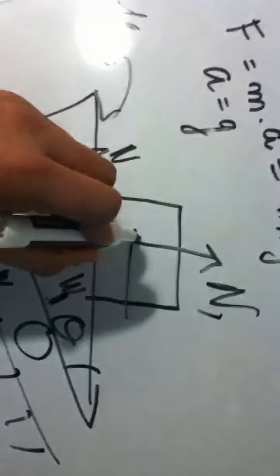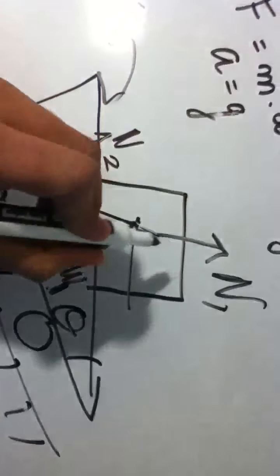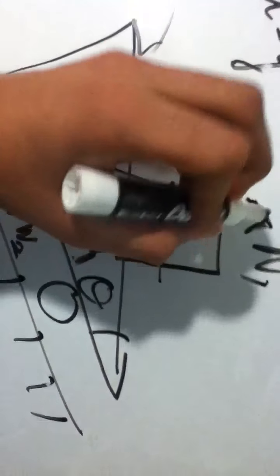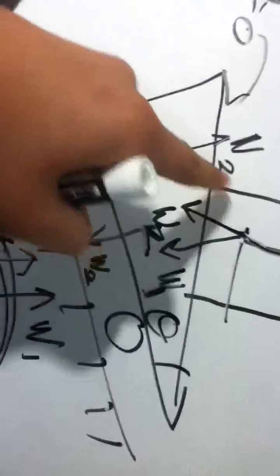For the next pair, the third pair here, is the normal force. That's the action force, given by the surface onto the block in the upward direction, the normal force.